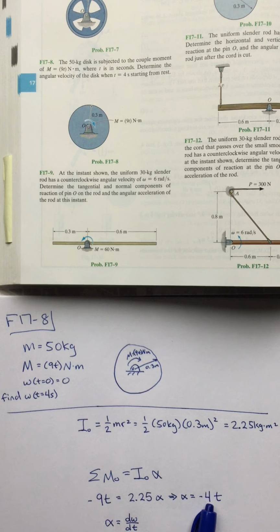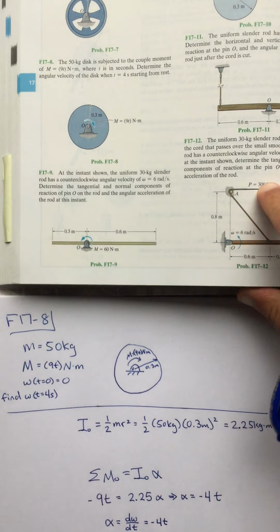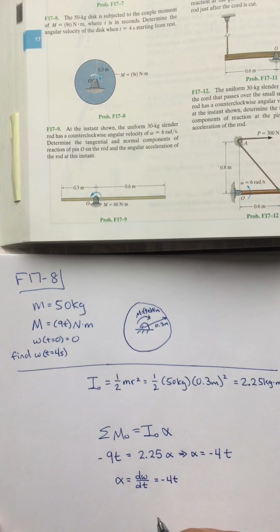And this is equal to -4t. Well, then I can bring this dt over to the other side. That would be saying d omega is equal to angular acceleration dt, and then integrating both sides.